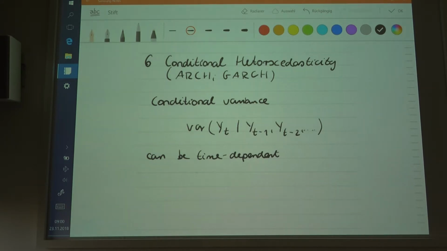Although the conditional variance of the process depends on time, the unconditional variance may not. This is not a contradiction, so that basically means that the process can be stationary. I will add this here: note that a corresponding process, which I'm going to call Y, can be stationary.